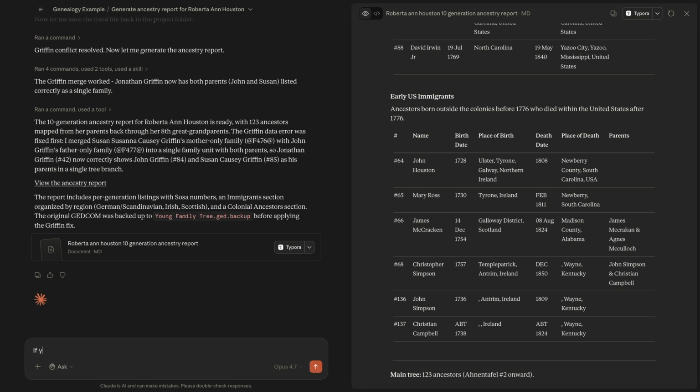I'm going to say, if you look at the list of early U.S. immigrants in the report, are there any people there who have any non-birth events that take place in the U.S. or the colonies before 1776 that might make us believe they were probably already in the colony before then?